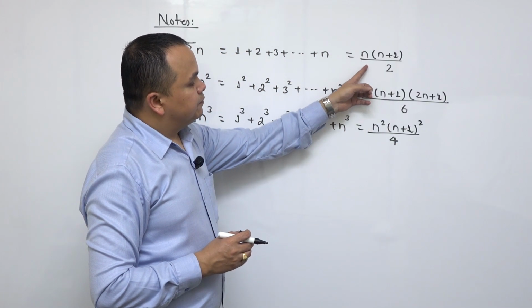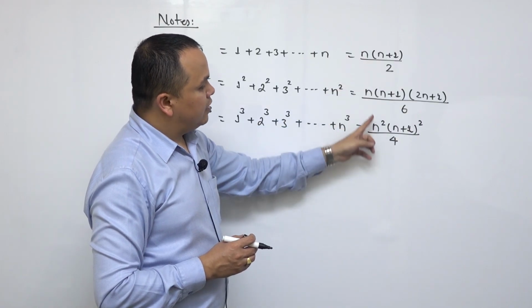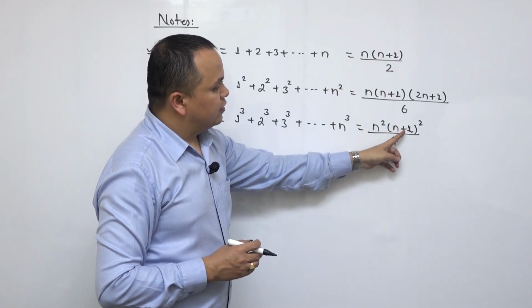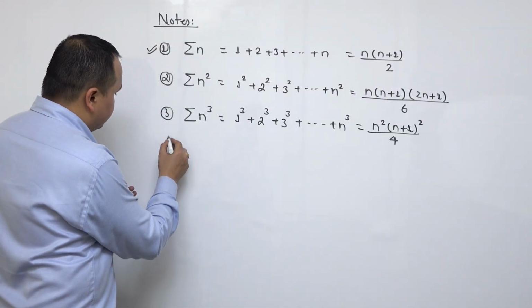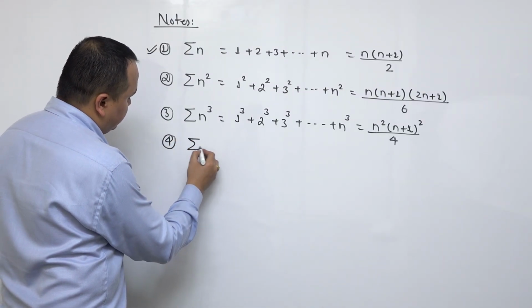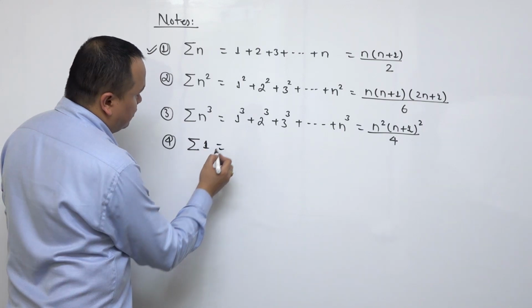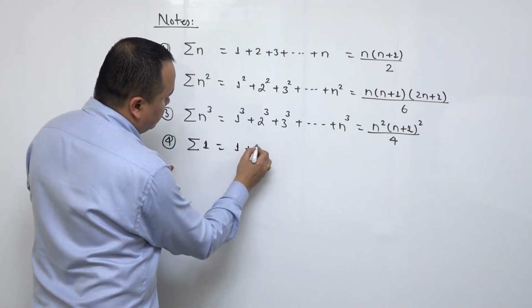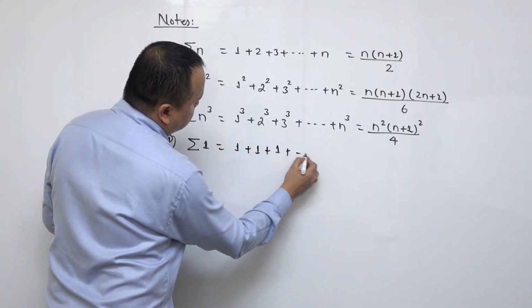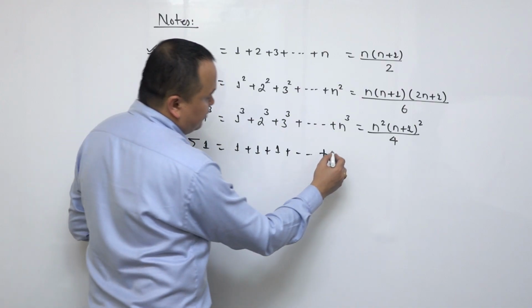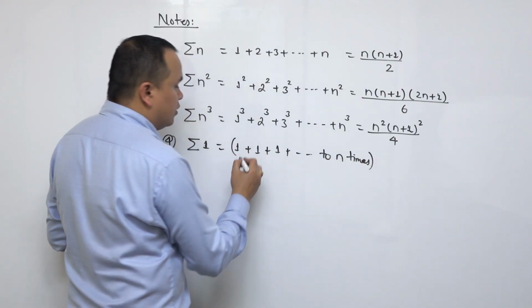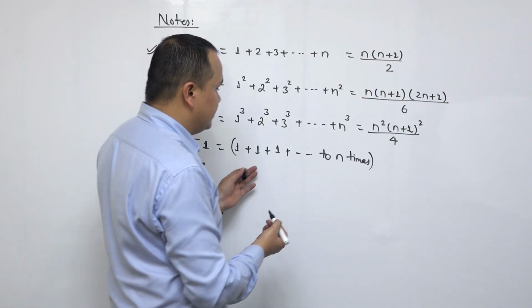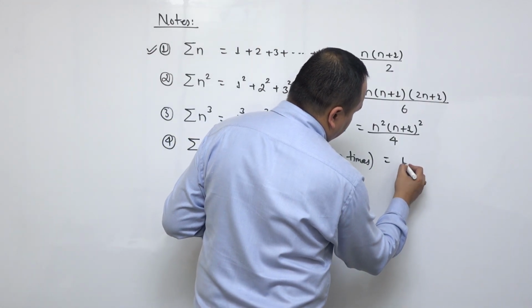Square this n square, n plus 1 whole square, divided by 2 square. Continue. Four, summation 1 is 1 plus 1 plus 1 up to n terms, which is n.